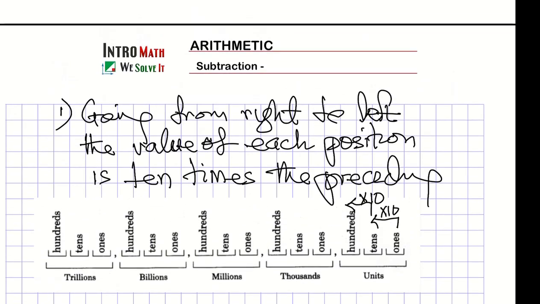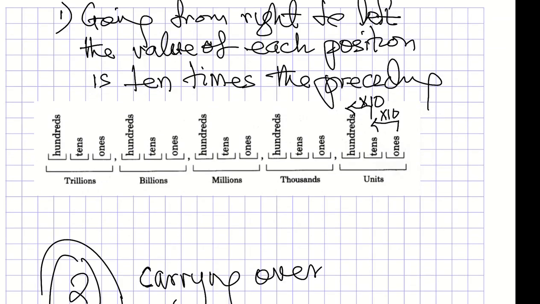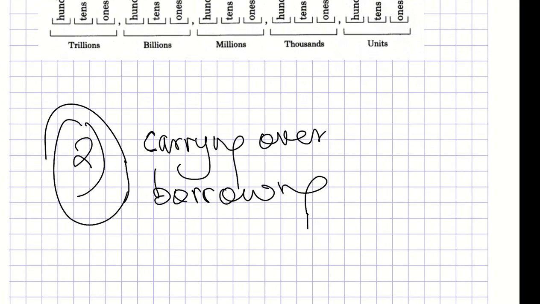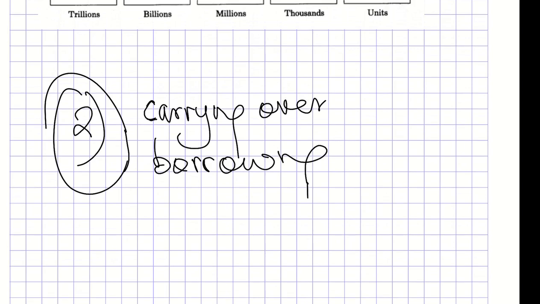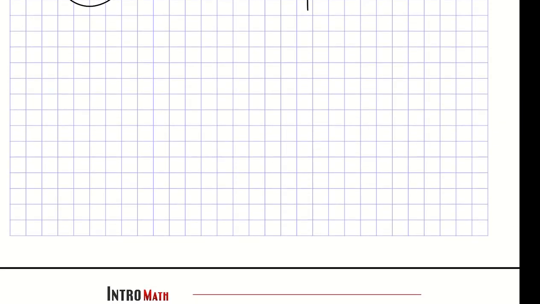It's from the fact that each position, as you move from one position to another, is multiplied by a factor of 10. So when you borrow from one position to another, you borrow 10. But we usually say we borrow 1. If you borrow 1, it turns into 10, right? So keep that in mind when we get into subtraction now.